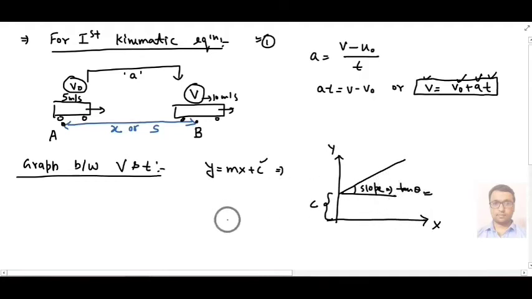So suppose someone says v equal to at plus v naught, then you have to plot a graph.